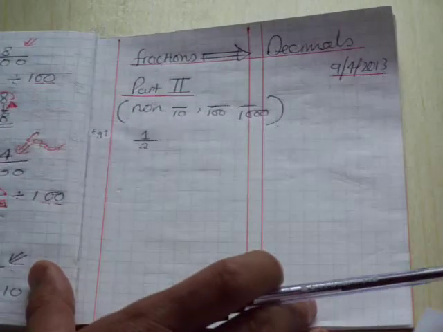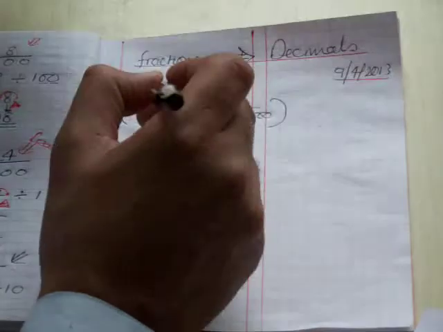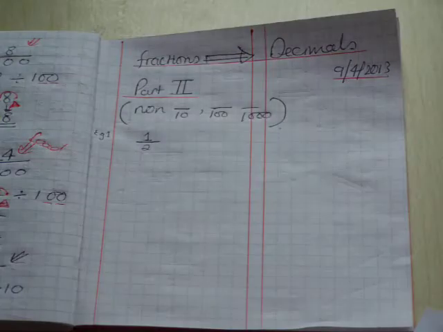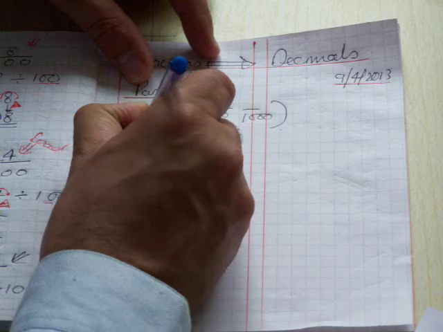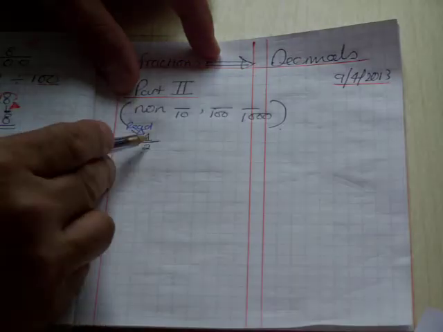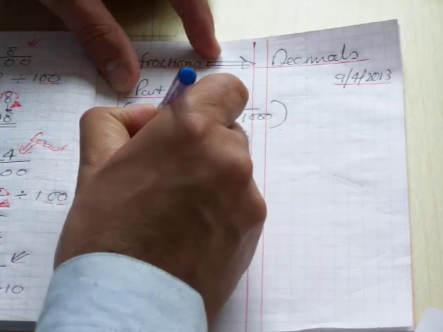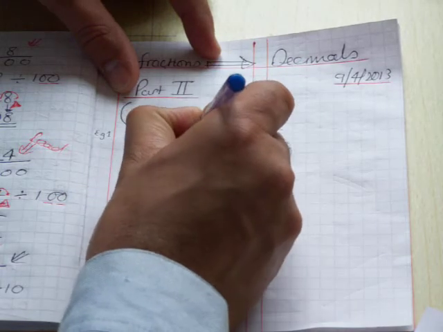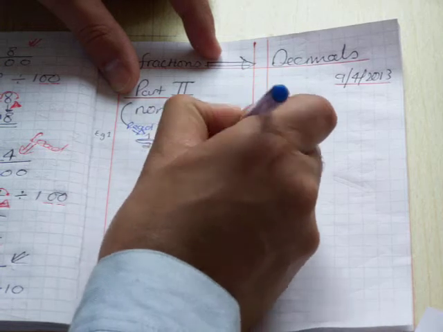So let's go back to the basic principles and let's have a look. So a half. When we read this question, it's all about reading the question carefully as well. This says 1 divided by 2. 1, and the line represents divide by 2.